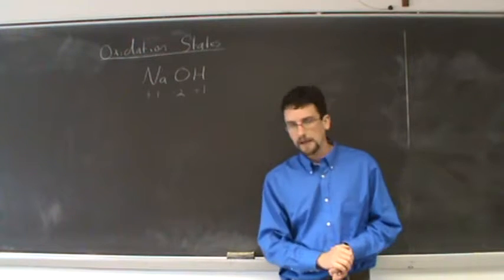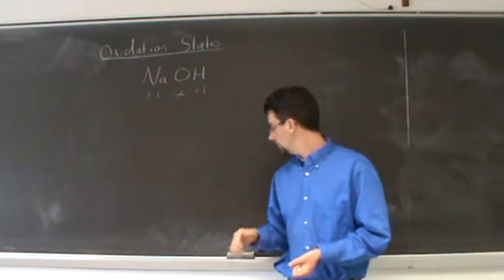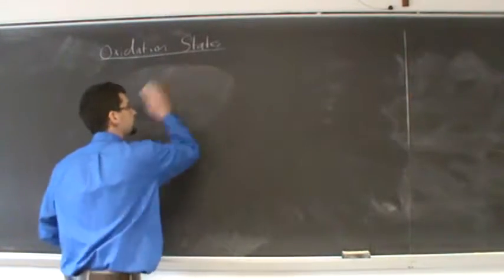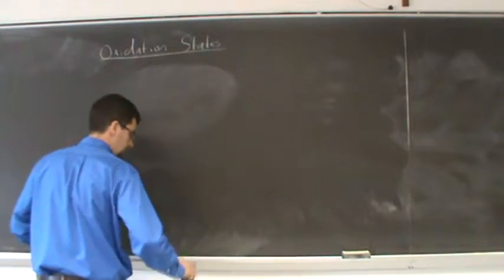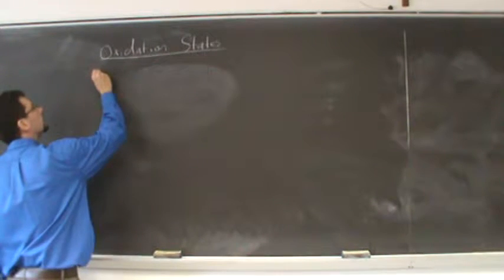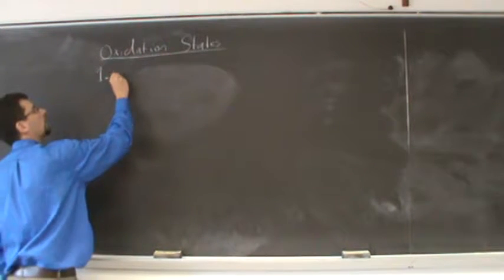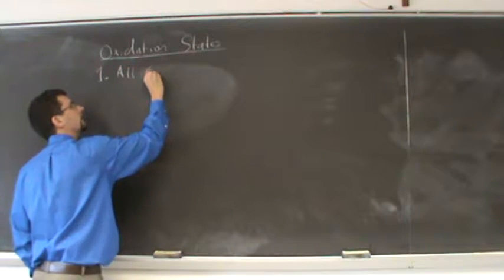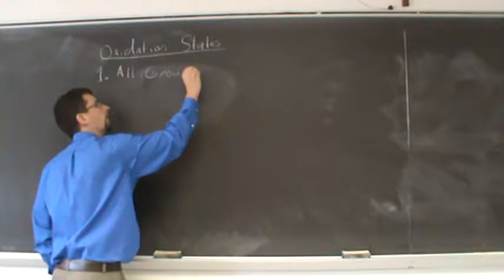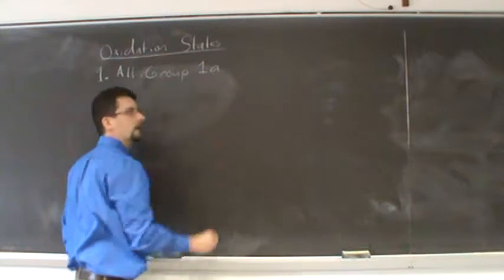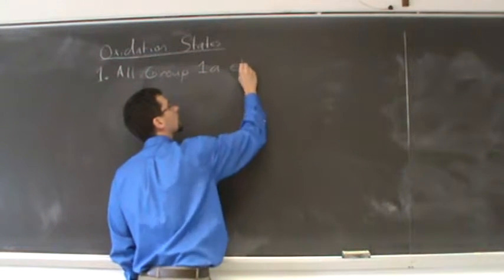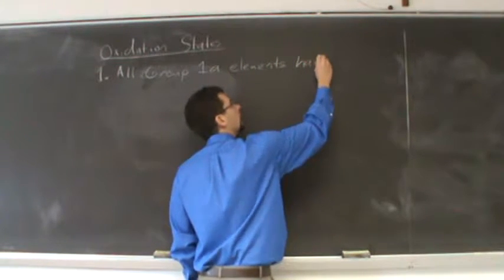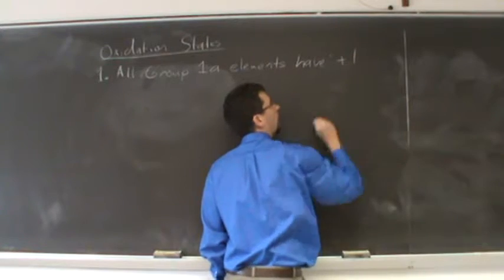Now, how did I know the oxidation states of these? Well, that you can figure out from a short list of oxidation state rules. So the very first rule is all group 1A elements have a +1 oxidation state.